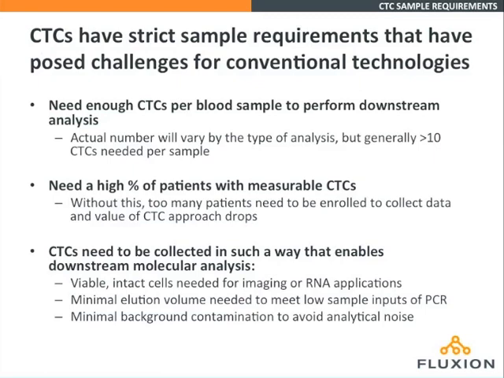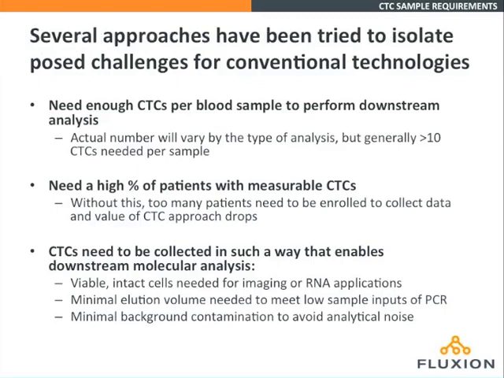That's important for both RNA applications and imaging. Also, we wanted to have a minimum elution volume that reduces the carryover from the rest of the sample and the contaminating background. It also means that the eluted sample can go directly into a PCR reaction without further steps like centrifugation and reconcentration.